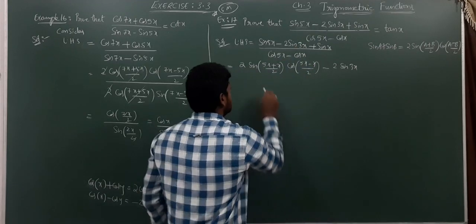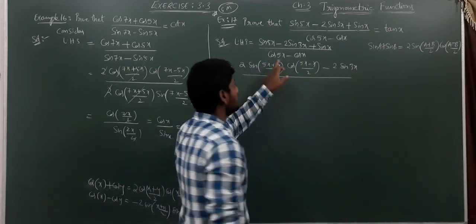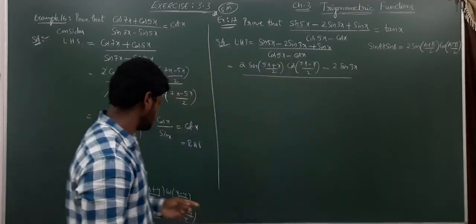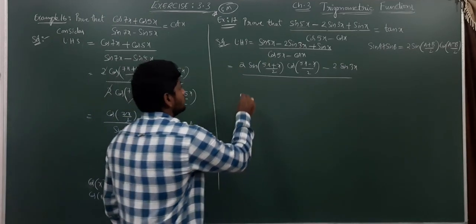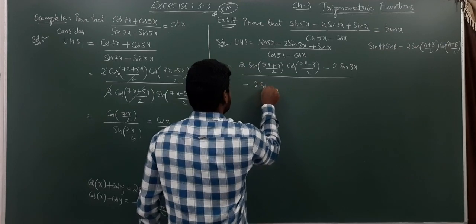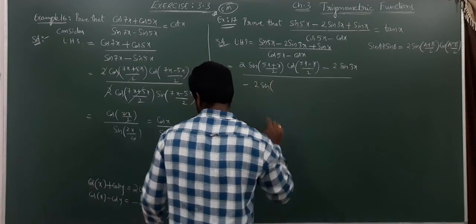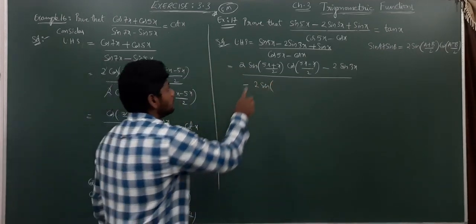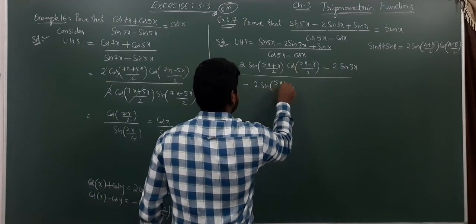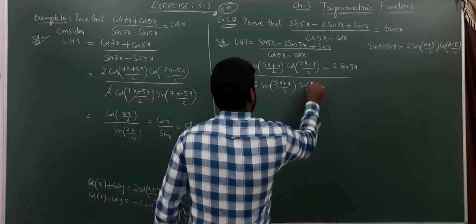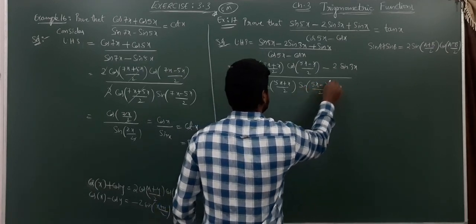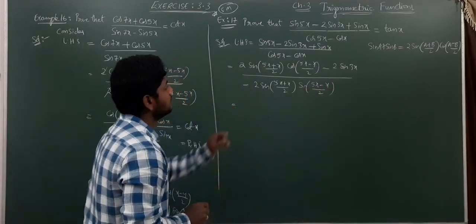So this one divided by, this is in the form of cos x minus cos y. Cos x minus cos y is minus 2 sin of x plus y by 2, so 5x plus x by 2, into sin of 5x minus x by 2. Simplify this.